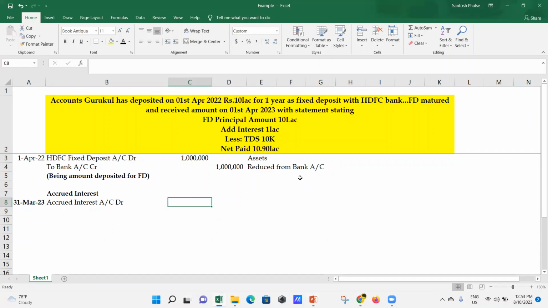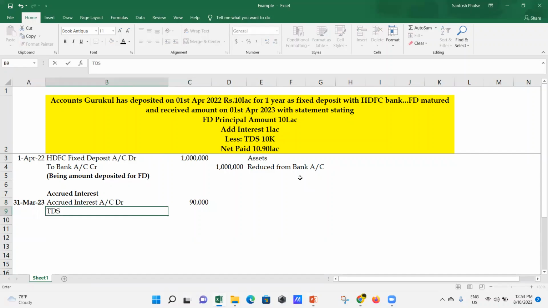The 1 lakh is the total amount, and the TDS deducted is 10,000. So 90,000 is going to be considered as the accrued interest account. The amount deducted for TDS goes to our TDS receivable account, which is also an asset, and is debited 10,000.